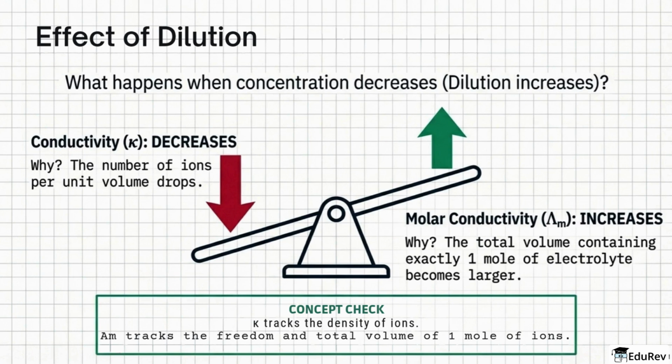Molar conductivity, lambda Em, increases because 1 mole of electrolyte has more total volume in which ions can move more freely. So kappa tracks the density of ions, while lambda Em tracks the freedom of ions in solution. That distinction is a very common concept check.